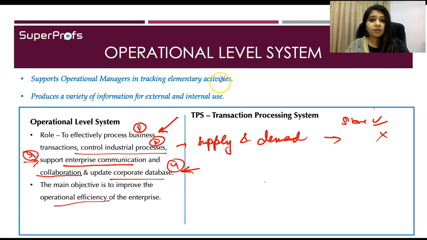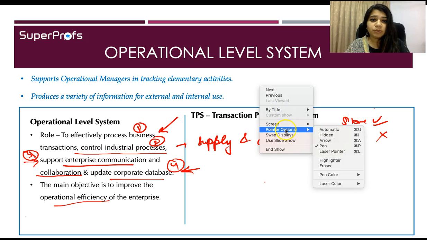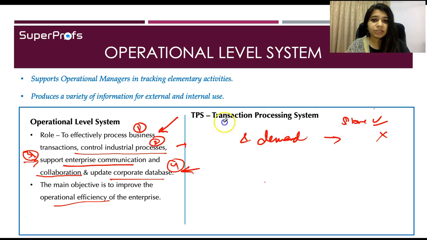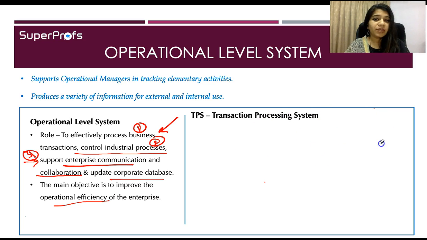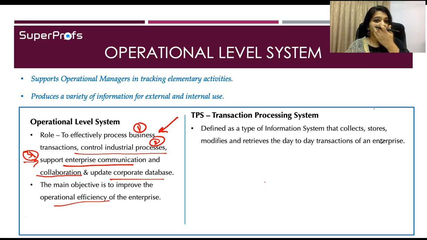Now, the information system used at this level is your transaction processing system. As I mentioned, this is at the very elementary, at the very transactional level. So it is an information system that collects, stores, modifies and retrieves the day-to-day transactions of an enterprise.